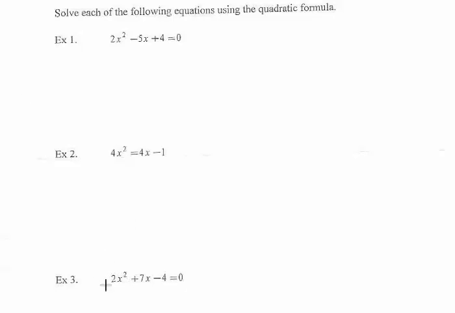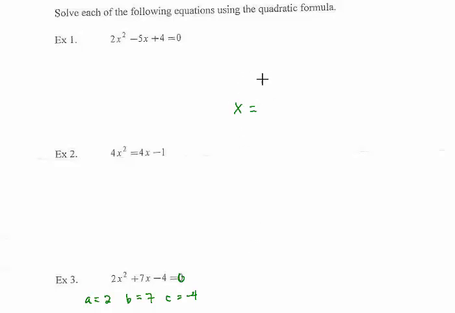Now for example 3, it's already in standard form. Everything, all the terms are on one side and 0 is on the other. So we can pull out our numbers for a, b, and c, just the way it's written.